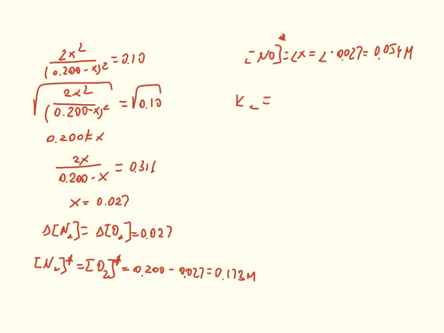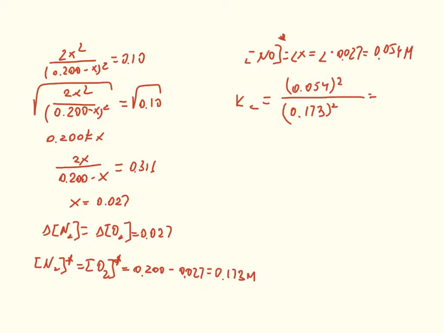And the very last step, let us check our calculated equilibrium constant versus given equilibrium constant, and it's going to be 0.054 squared over 0.173 squared.